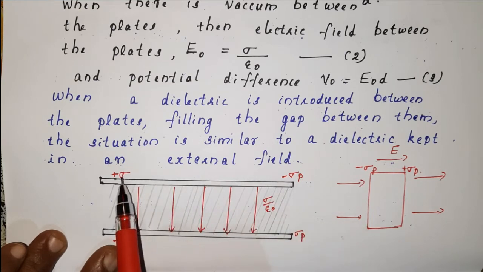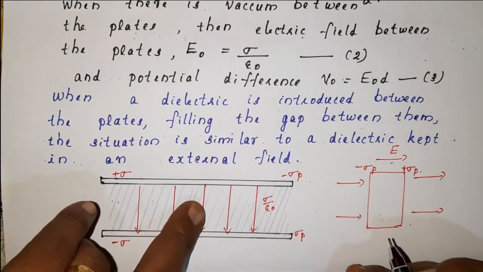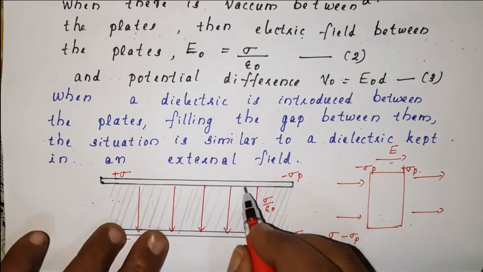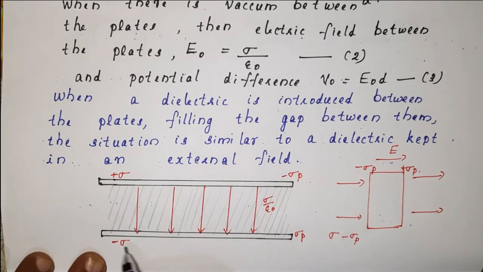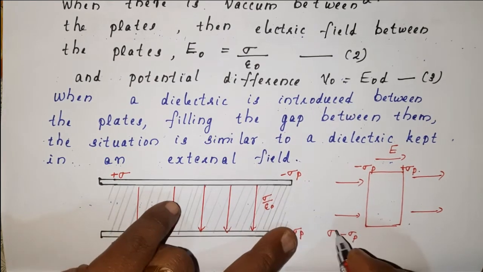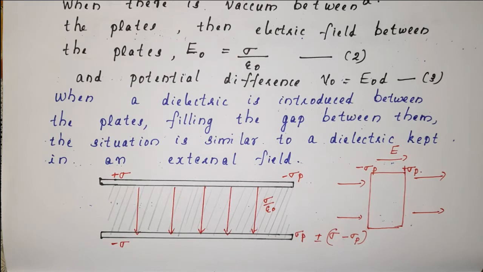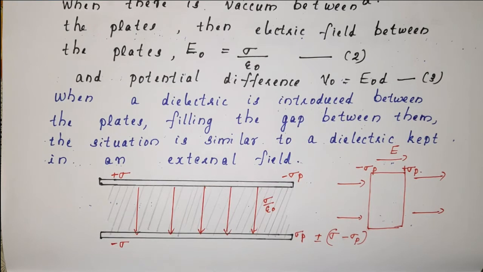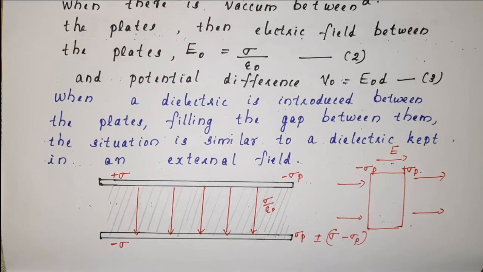You look, it was plus sigma, then along with that minus sigma p also came. So what is the net surface charge density now? Sigma minus sigma p. On the upper plate it is sigma minus sigma p, and on the lower plate it is minus sigma plus sigma p, that is minus of sigma minus sigma p. Here also the field is directed from top to bottom, but the surface charge densities got reduced.